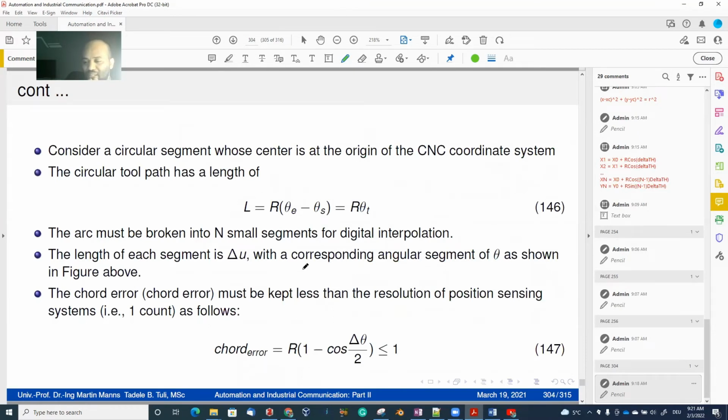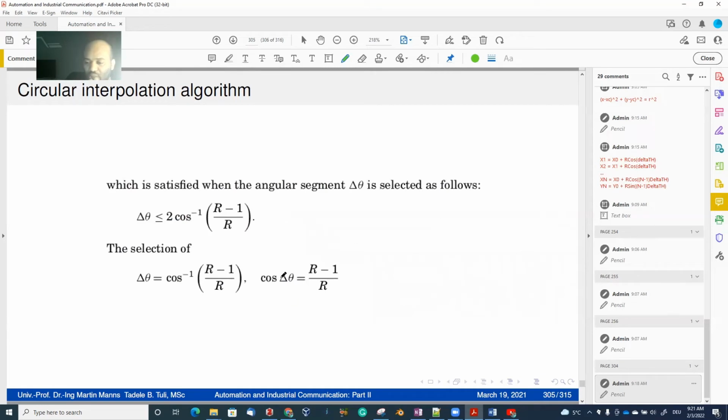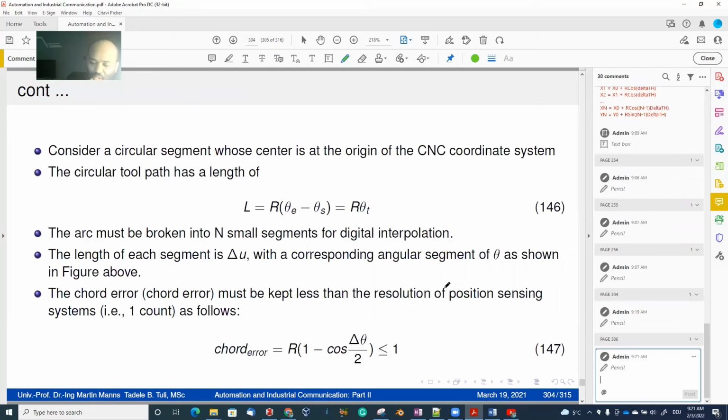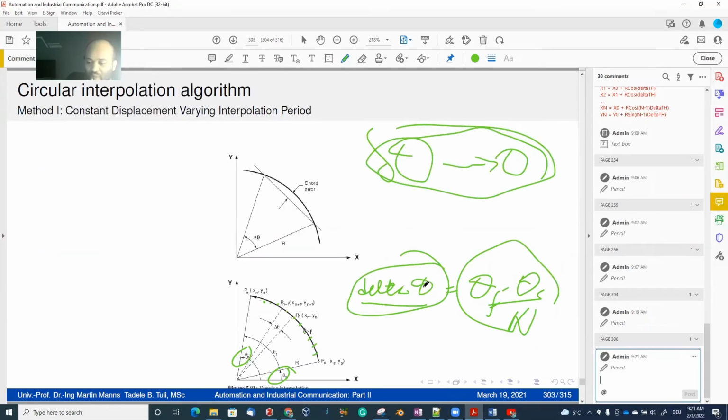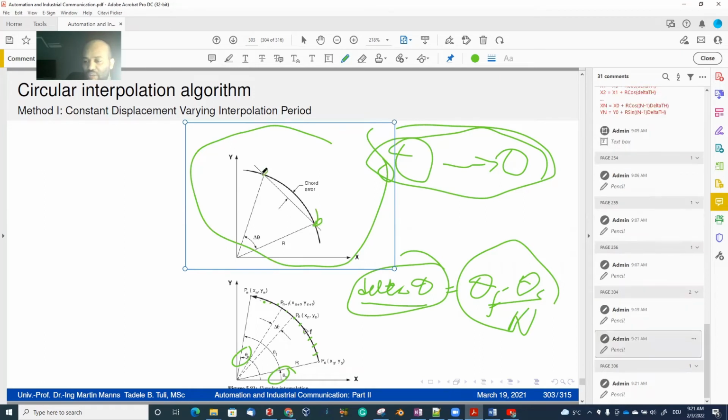But there is something important when you decide about your deltas: you have to think about chord error. What is this chord error? For example, in this figure, you have a starting point here and a final point here.